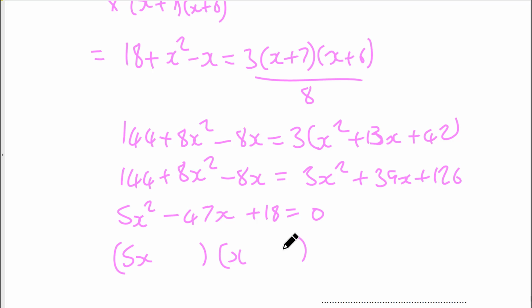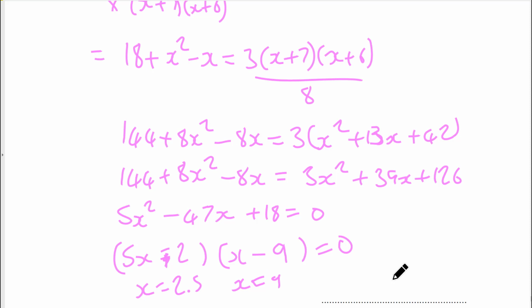It's got to be 9. So you can do this by inspection. 5 times minus 9 is going to give us minus 45. Minus the extra 2 is going to give us the minus 47x, and that's going to give us the minus 18 equals 0. So you've got x equals possibly minus 2 over 5 here, or x equals 9.